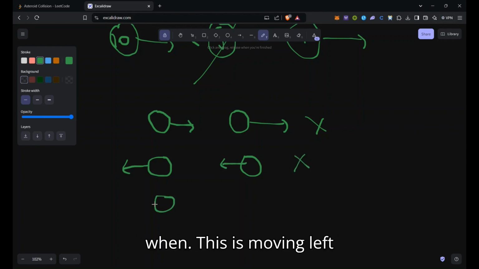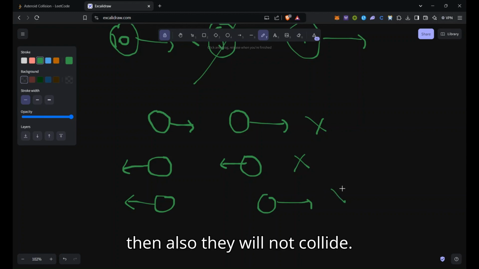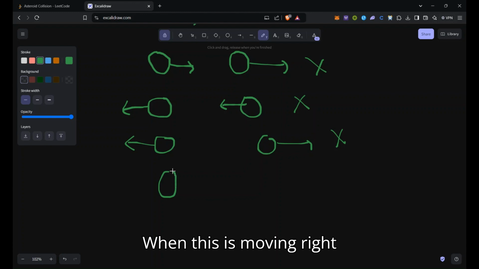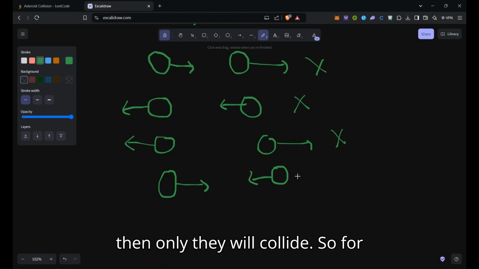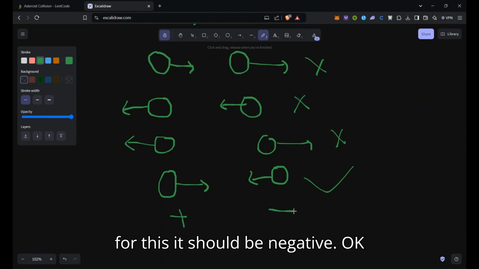When this is moving left and this is moving right, then also they will not collide. Only when this is moving right and this is moving left will they collide. So for this one it should be positive and for this one it should be negative.